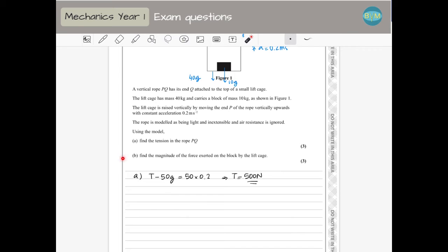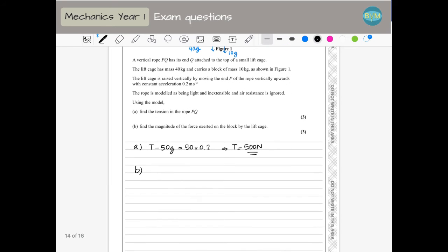Then for B, they say find the magnitude of the force exerted on the block by the lift cage. So for B, we have to separate, because we need the force exerted on the block by the lift cage. So we can separate the block. This is my block, and the weight of the block was 10G.